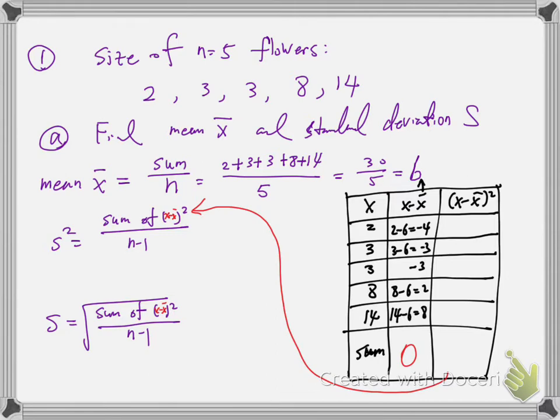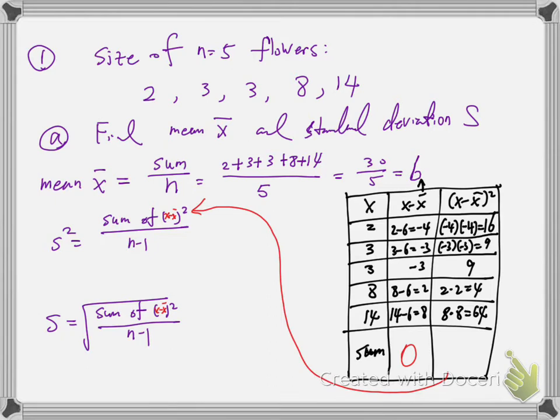Now the square part. Because sometimes you don't know how to click the second power on your calculator, we use the number times itself for squares. So -4 times -4 is positive 16. Every number in column 3 is positive. -3 times -3 is 9, 2 times 2 is 4, and 8 times 8 is 64.